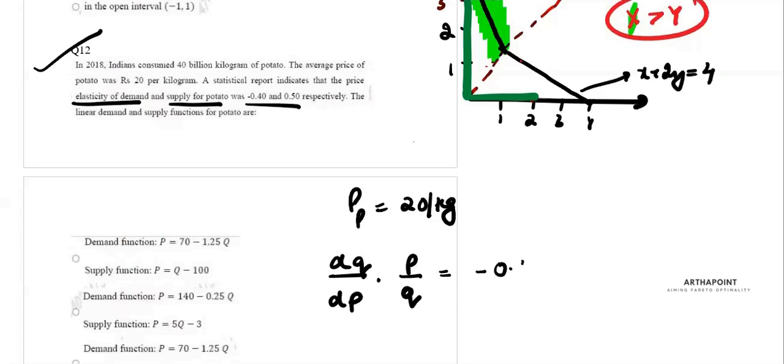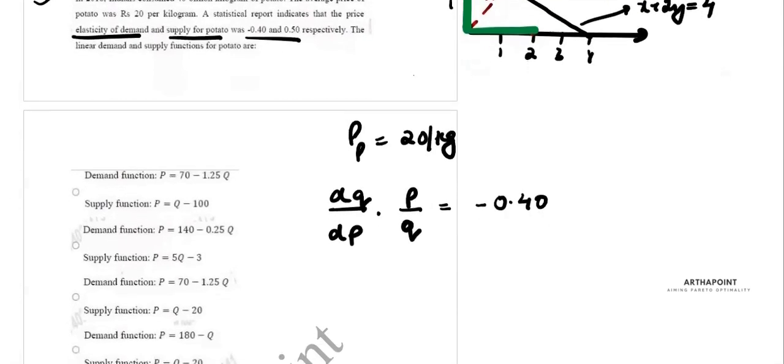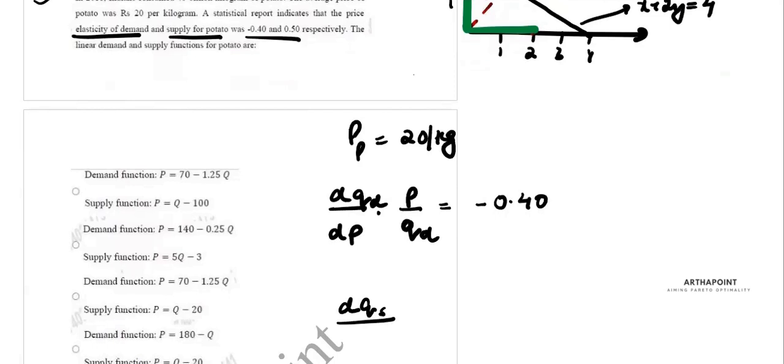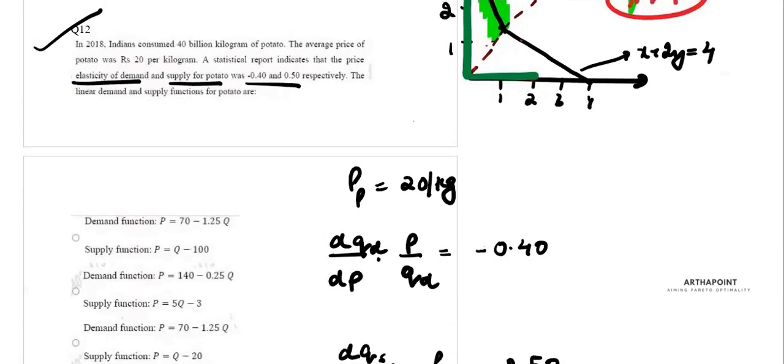This is minus 0.40. And the supply elasticity was 0.50. So this is quantity demanded, and this says how quantity supplied changes when price changes, times initial price by initial quantity supplied. This was 0.50.